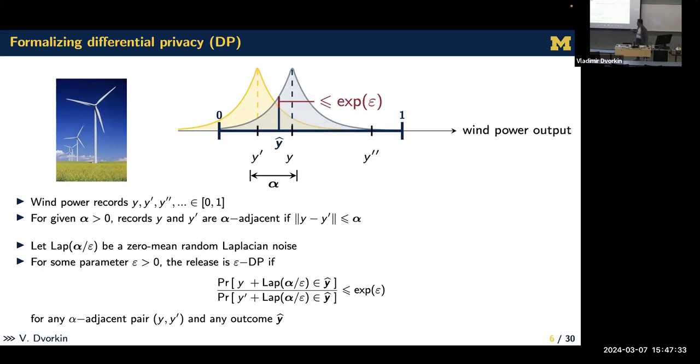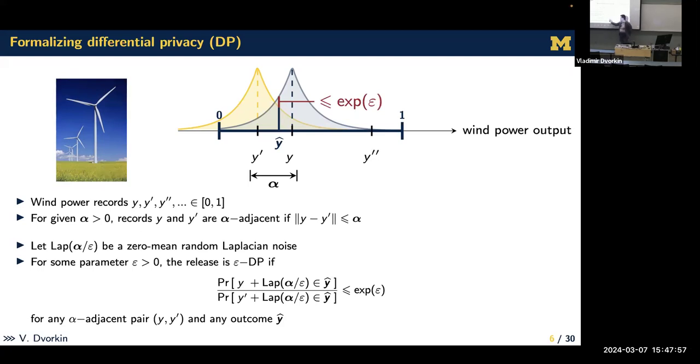The definition of epsilon differential privacy says: let's take the measurement, and let's apply some noise to this. This is Laplacian noise that is parameterized by some data-independent parameter, adjacency, that doesn't depend on a particular data set, and epsilon, which is our privacy requirement.